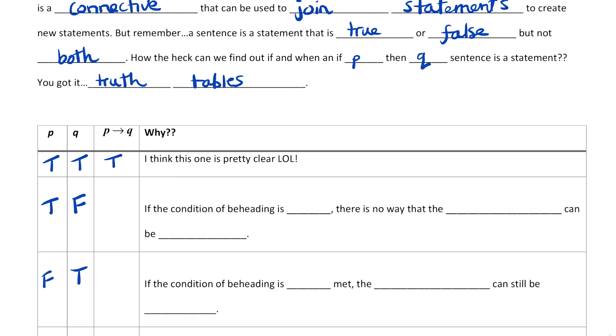This is the only case where the if P then Q is false. So if the condition of beheading is met, there's no way that the conclusion can be false. Good so far?